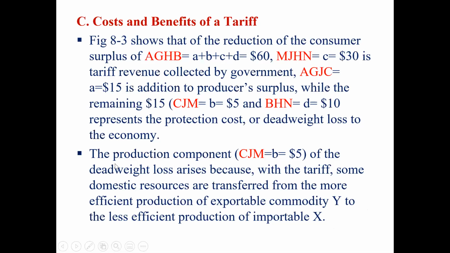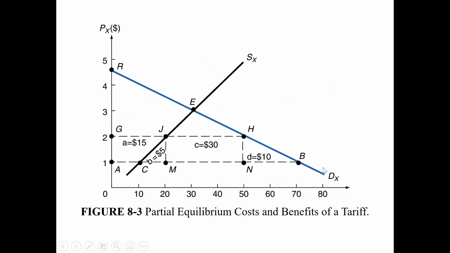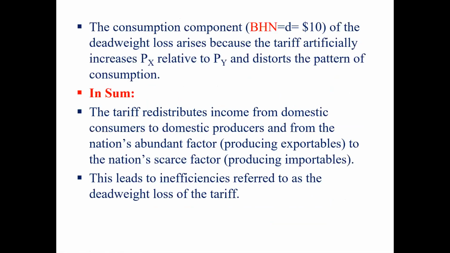Here in this diagram, A, B, H, G is the total decrease in consumer surplus, which is equal to A plus B plus C plus D. From this total, A, equal to $15, goes to the producer, C, equal to $30, M and H, J goes to the government as revenue, and B and D are the deadweight loss, where B arises due to the inefficiency in production, and D arises because the artificial increase in price distorts the relative prices of the two commodities and disturbs the pattern of consumption.